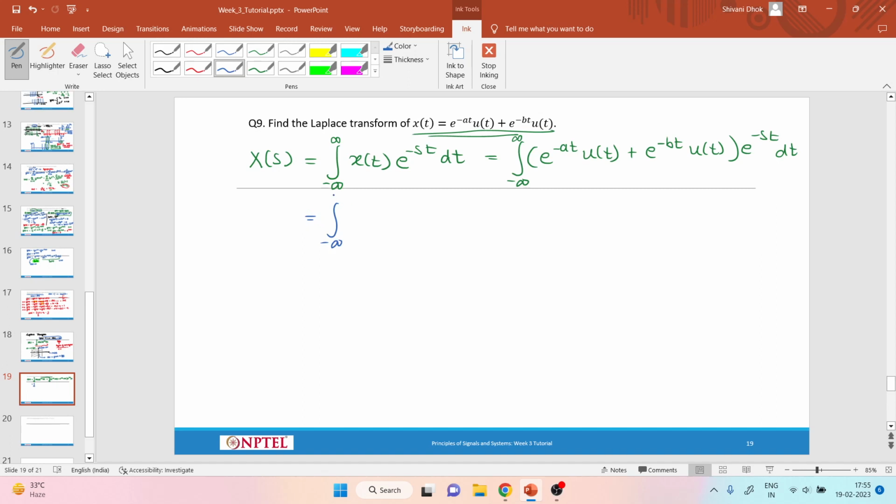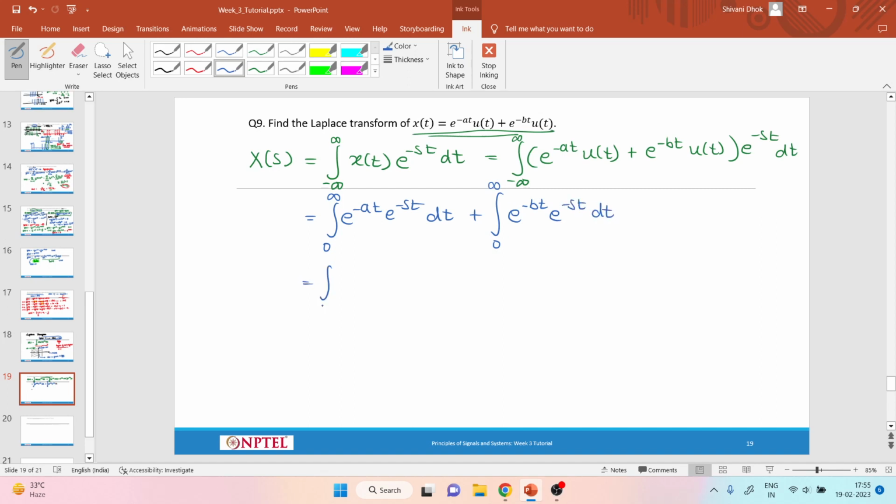I can also change the limits, since this u of t will be ranging only from 0 to infinity, so I can just write it like this: integral from 0 to infinity e power minus a t into e power minus st dt, plus integral from 0 to infinity e power minus b t into e power minus st dt.